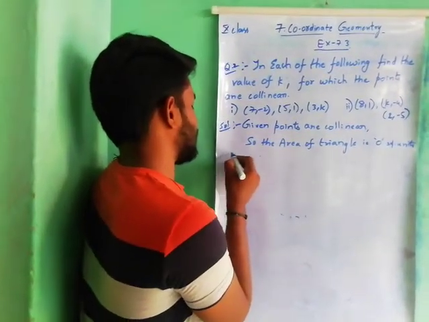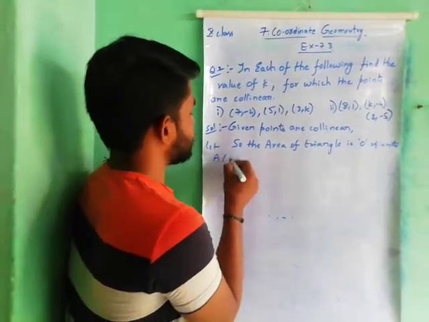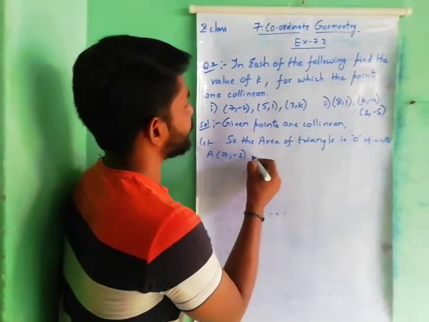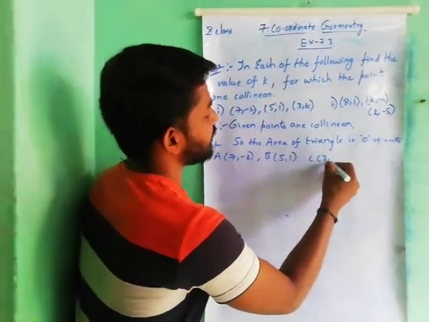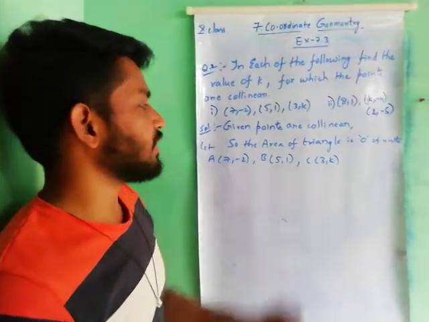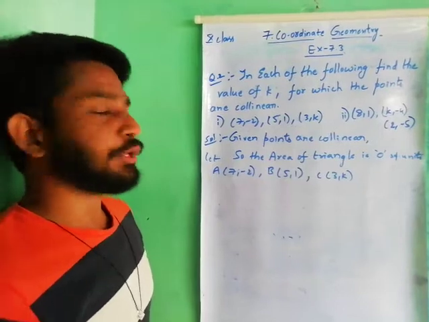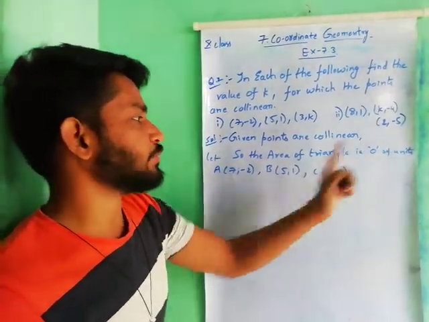Here, let A be the point 7 comma minus 2, B the point 5 comma 1, C the point 3 comma k. Our target is to find out the k value by using the area of the triangle formula, equating it to 0.